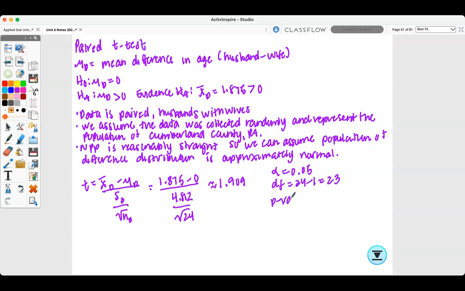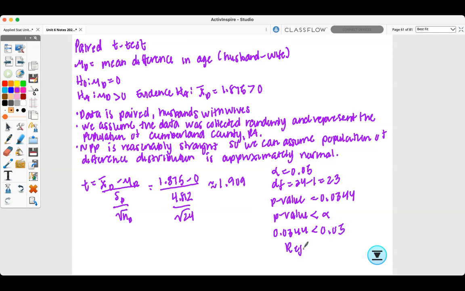We get a p-value of 0.0344. Our p-value is less than our significance level, because 0.0344 is less than 0.05.